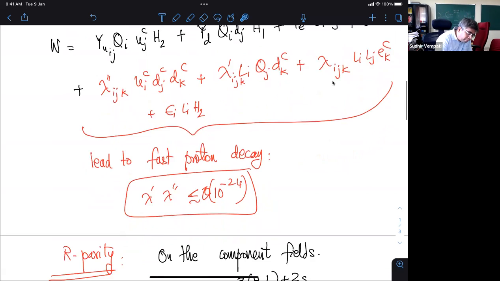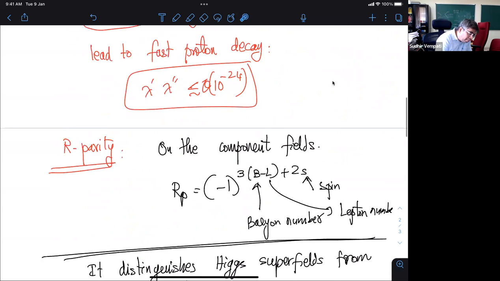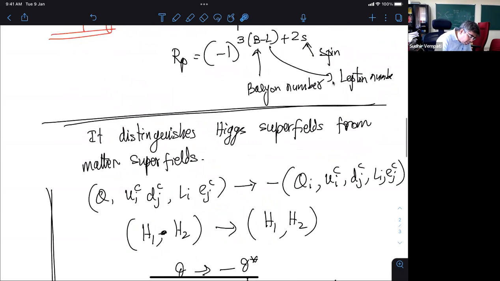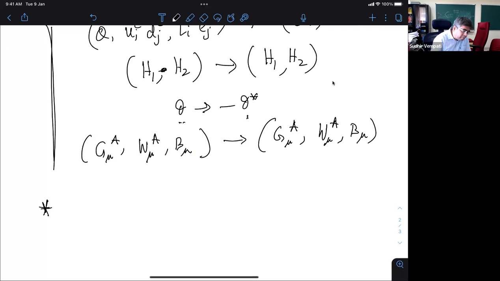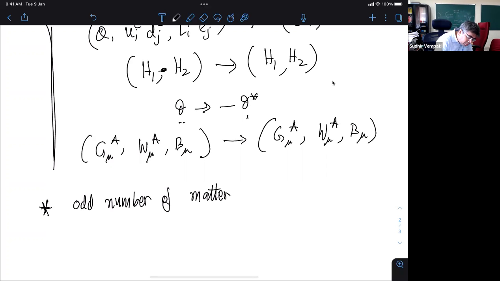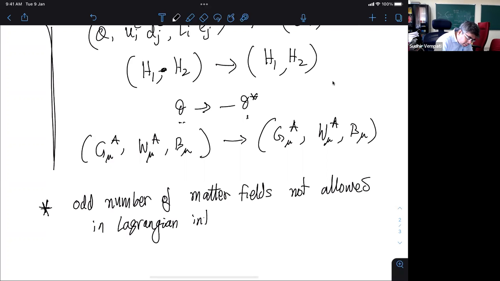So an odd number of matter fields, or in fact, it turns out you can actually, if you study it in terms of the superpartners or in terms of the component fields, let's write down: odd number of matter superfields not allowed in Lagrangian interaction terms.